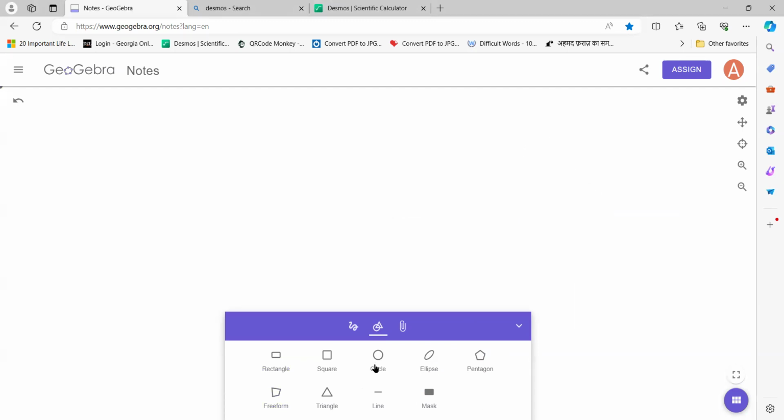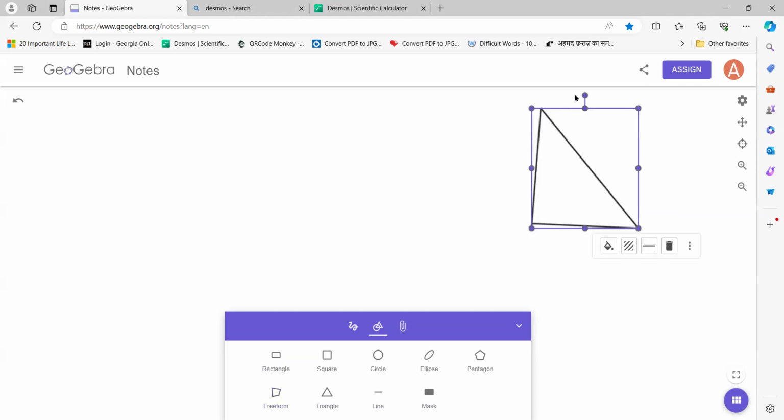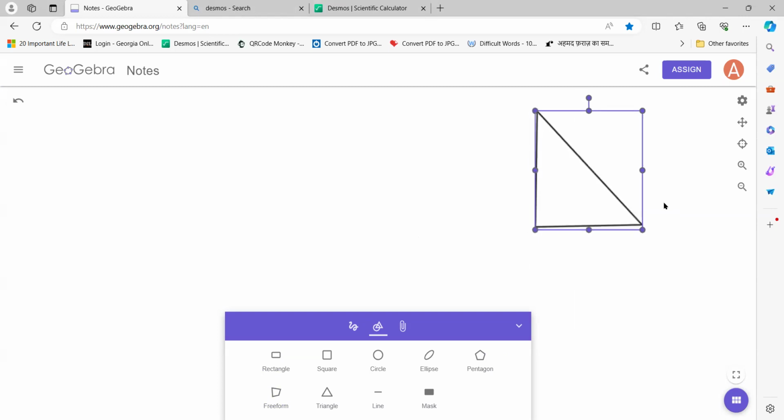Well, let me take a better one. Let's say this is my right triangle. My drawing is not going to be perfect. And this is the right angle right here.